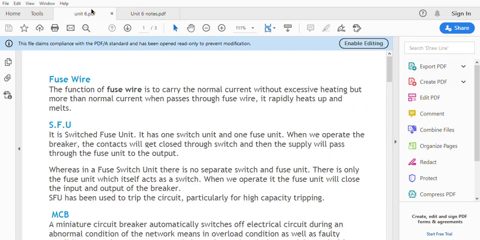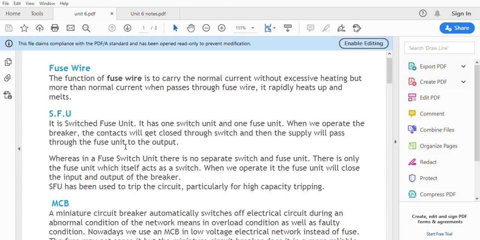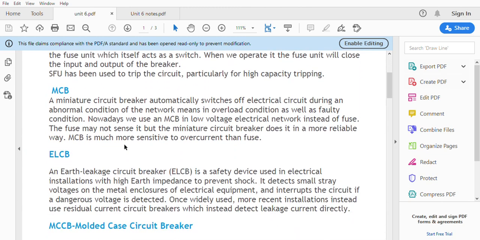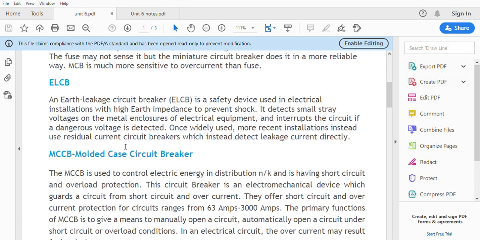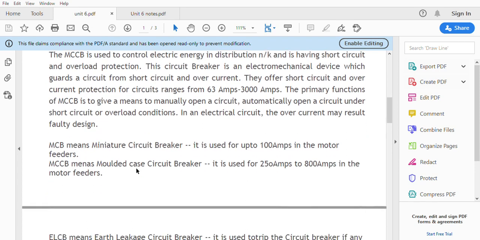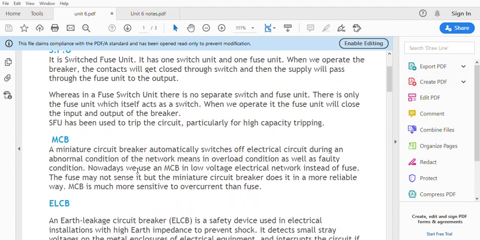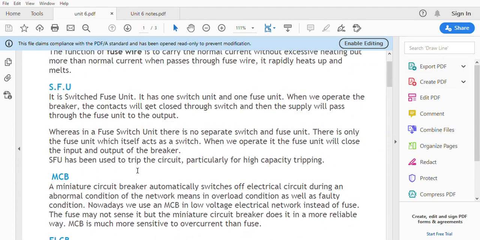Now what are this ELCB, MCB, MCCB? I have already provided you with the notes, so you can just read it out. Also you can refer to Google for their diagrams and all, so you will get a brief idea that these are basically switches or safety devices which are used, and each one has a different purpose. So you can just read this and you will get to know what each thing is used for.